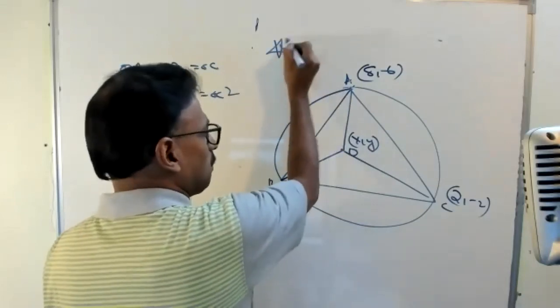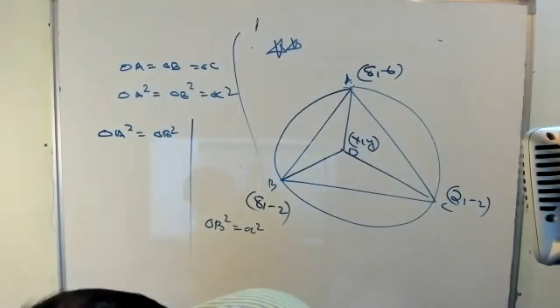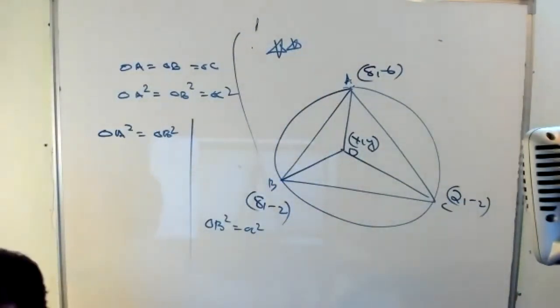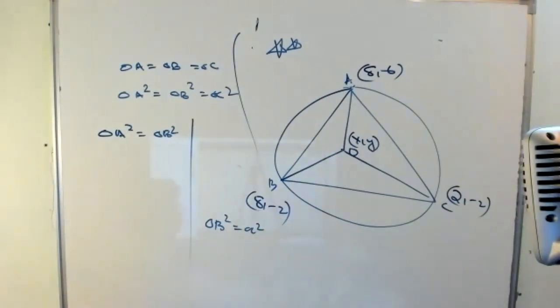Okay, find out now. Plan understood or not? Plan means: O is X comma Y. Then OA equal to OB equal to OC, so OA square equal to OB square equal to OC square.